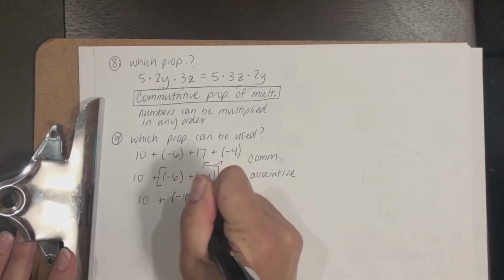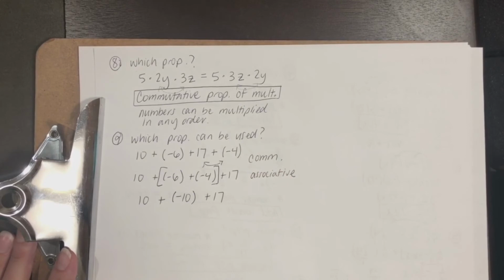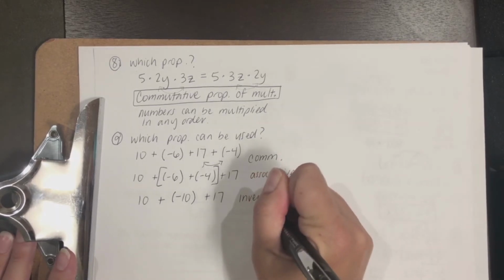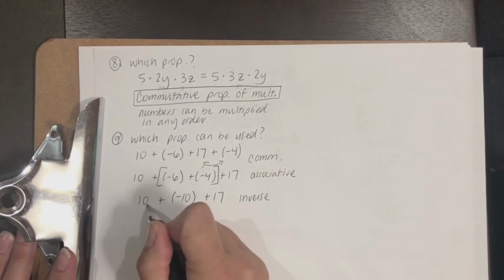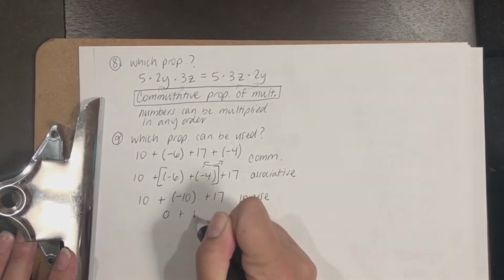It's negative 10. And then plus 17. What's a number plus its opposite? What property is that? That would be the inverse property. Inverse property. So 10 and negative 10 is 0 plus 17.